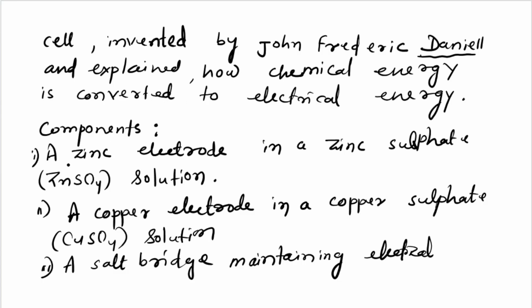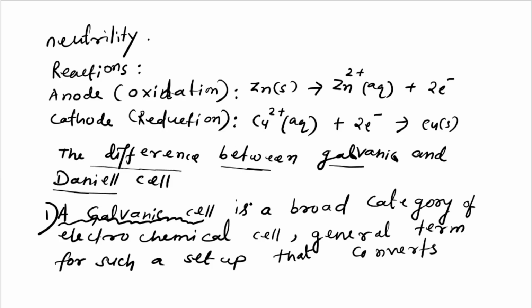Components: a zinc electrode. Remember, the Daniell cell in particular has a zinc electrode in zinc sulfate solution, a copper electrode in copper sulfate solution, and a salt bridge joining the two half cells. That means Daniell cell means fixed zinc electrode and copper electrode. And in the reaction, at the anode oxidation takes place, at the cathode reduction takes place. At the anode, zinc loses 2 electrons, so it is oxidation.